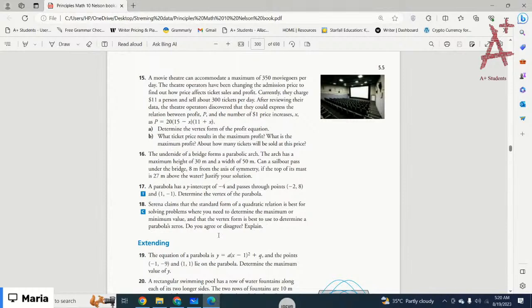The y-intercept is negative 4 and it passes through the point negative 2, 8. That means the y values go down from 8 to negative 4 and back up to negative 1. So the equation would be y equals 3x square minus 4, right?